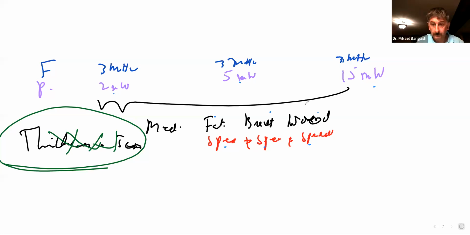Question number 118. Propagation speed can be correctly recorded with which of the following units?